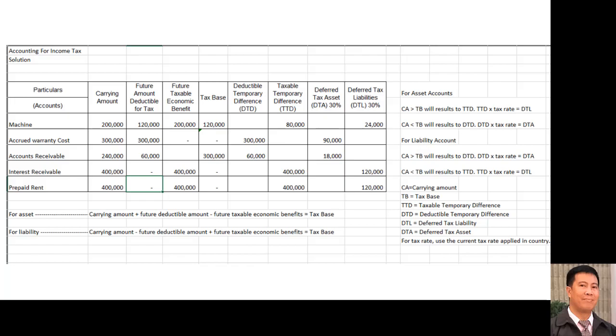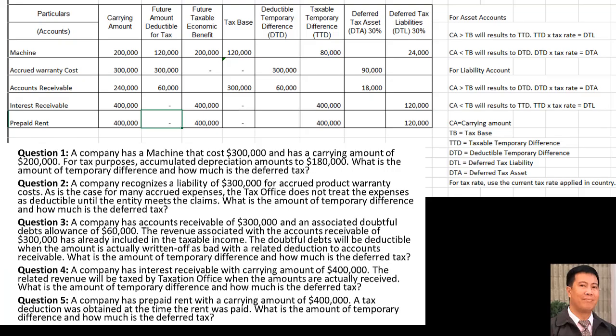Okay, let's try. Question number 1. A company has a machine that costs $300,000 and has a carrying amount of $200,000. So $200,000 is there, right? This is our figure as per accounting. Now this is the exciting part. For tax purposes, accumulated depreciation amounts to 180. Sorry, this should be 120.